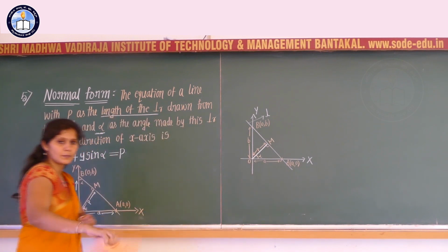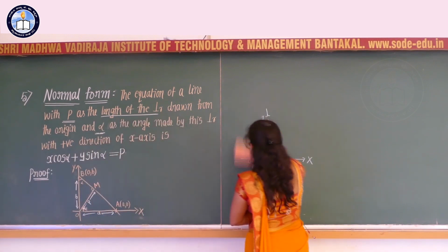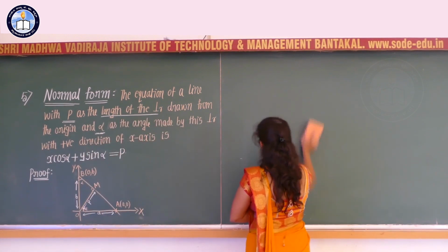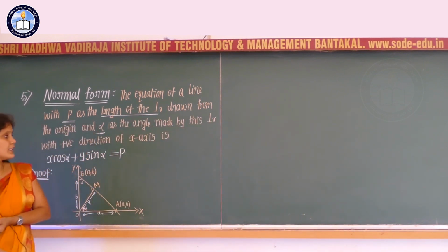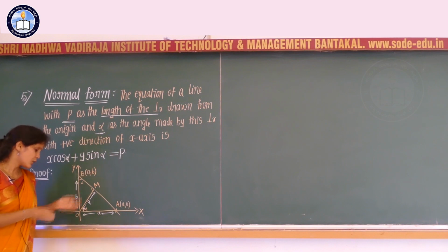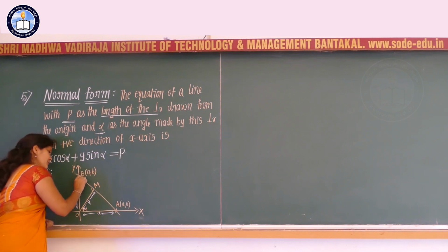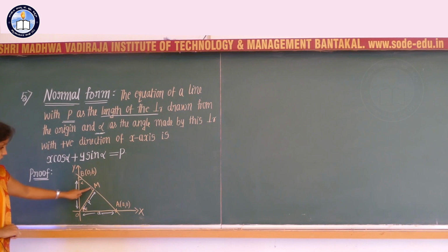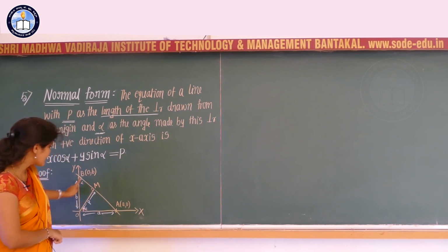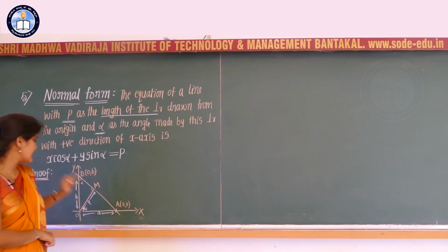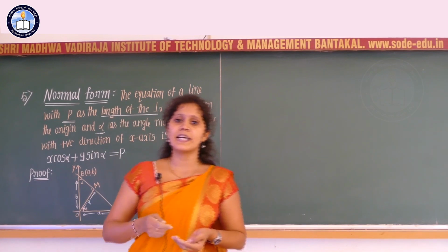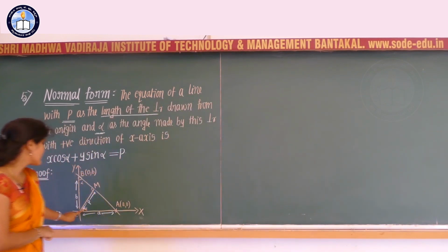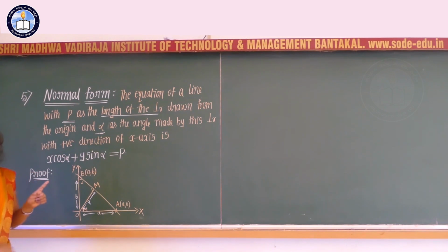So this is nothing but the diagram and the explanation of the diagram, that is, we are considering a line which cuts the x-axis at the point A and the y-axis at the point B. So we have intercepts A and B, and OM is considered as the perpendicular drawn from the origin to the line, and P is the length of the perpendicular. Alpha is nothing but the angle made by that perpendicular with the positive direction of x-axis. Clear?